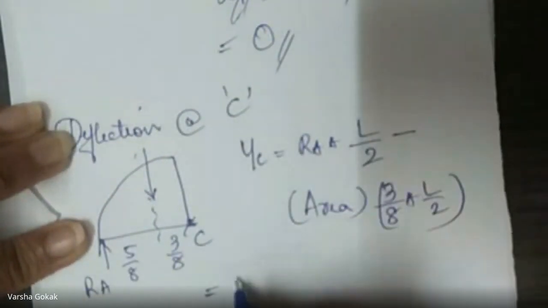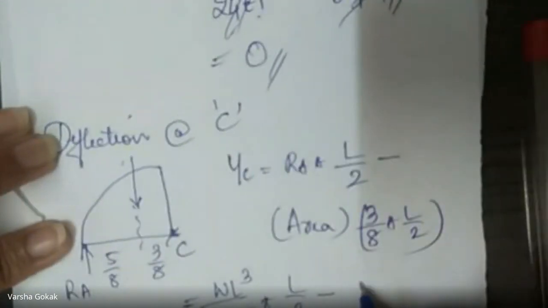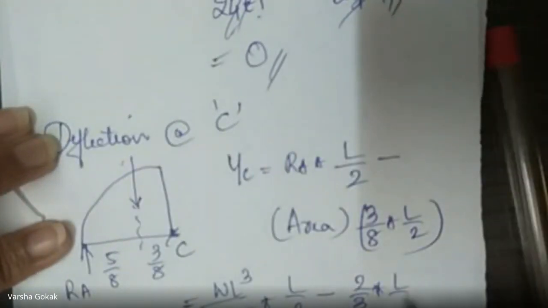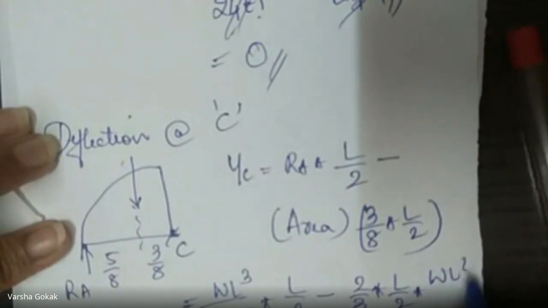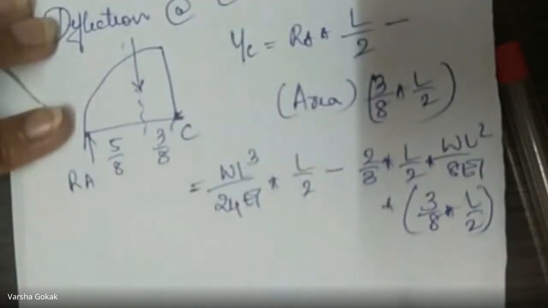Substitute the RA value: WL cube by 24 EI into L by 2 minus the area, which is 2/3 base into height, WL square by 8 EI, into 3 by 8 of L by 2.